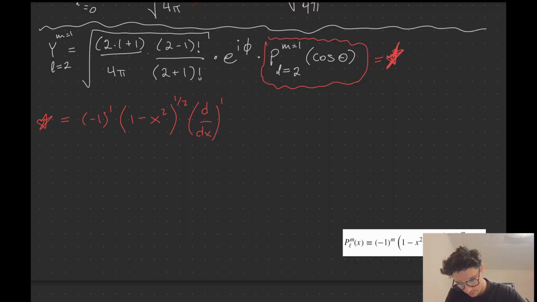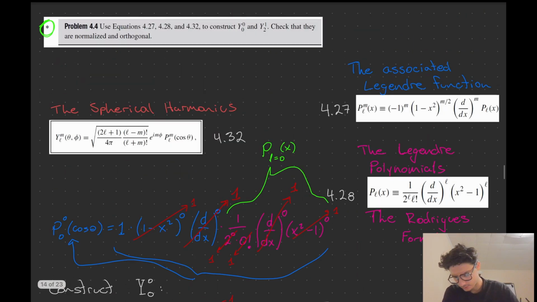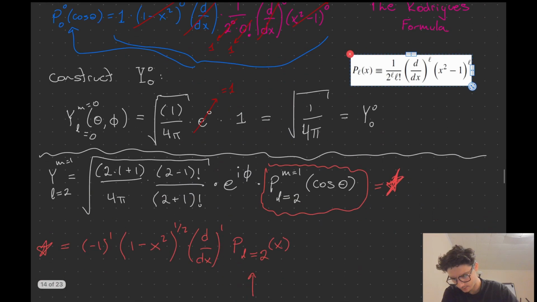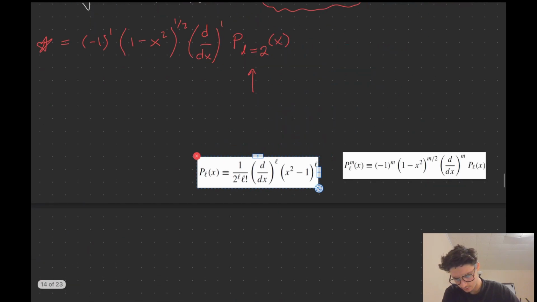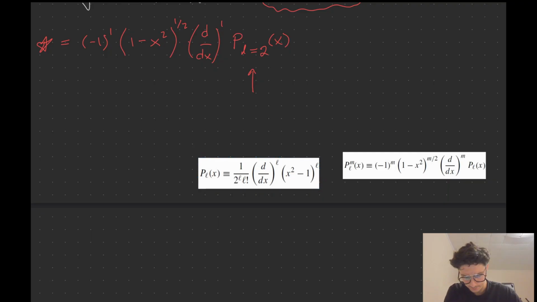And then here we have a P, L equals 2, of x. But we have to put a cosine in there as well. So I'm going to check this out. Right? We have this function, duplicate this guy. Bring it down here. You gotta just look at the functions if it is confusing. Okay, what is P, L equals 2?